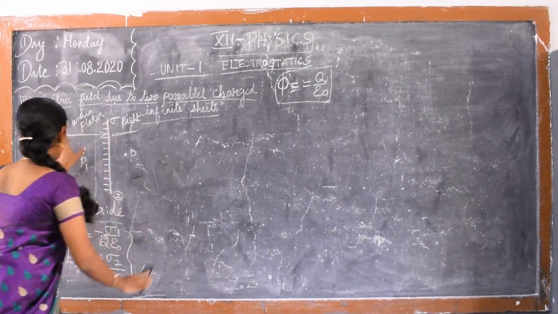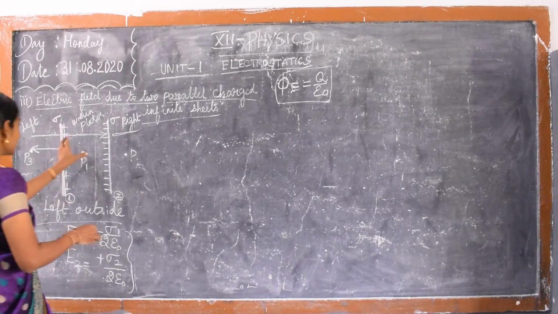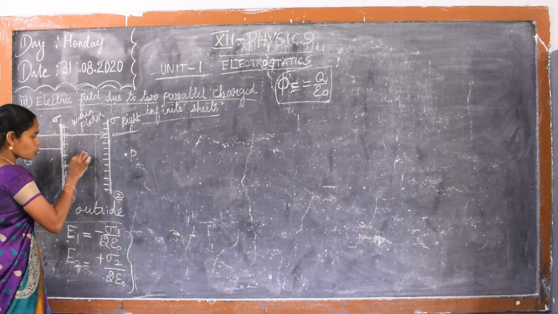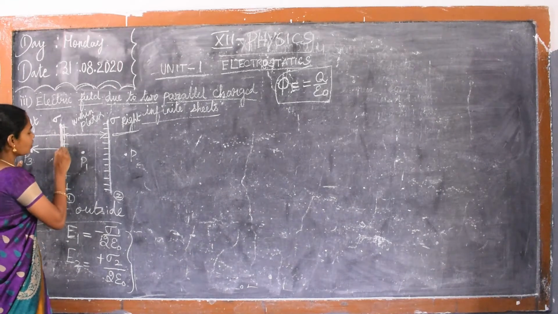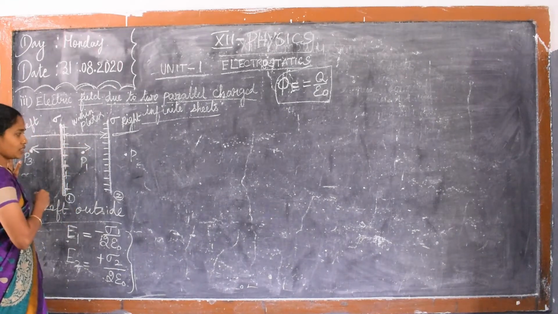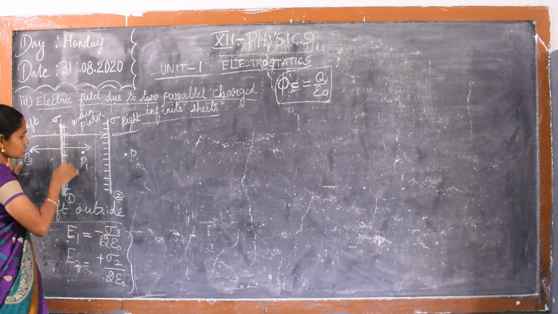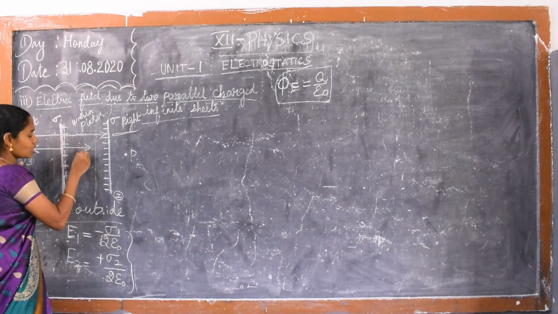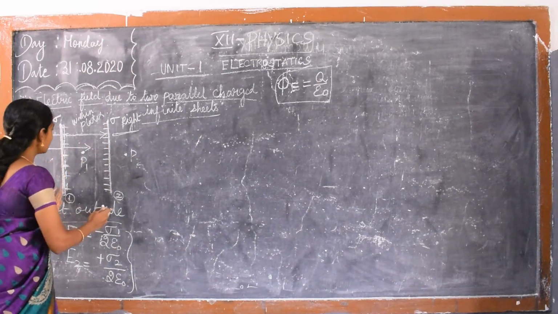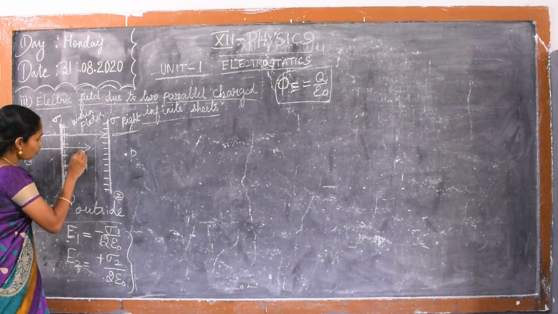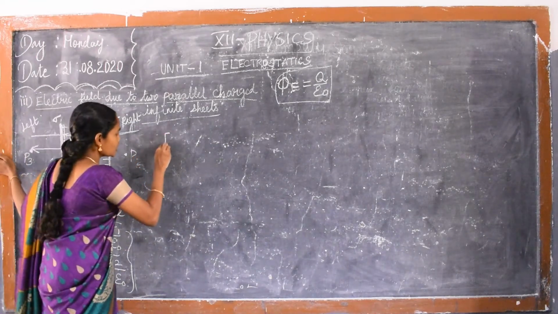Now we take within the plates. At this point, the electric field due to the positive charge will be in this direction, right? Why? Because here the charges are positive charges, so the electric field line should go away from the charge. Now we will calculate the electric field due to the first plane sheet.